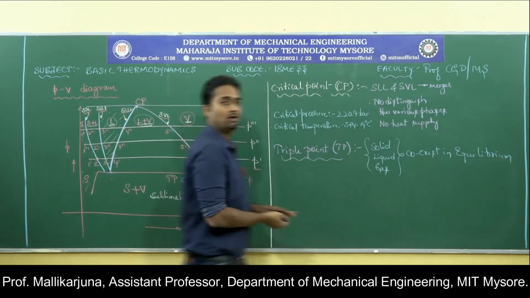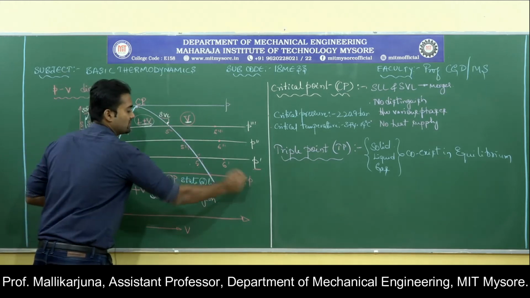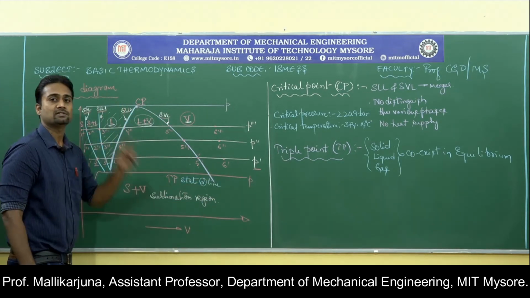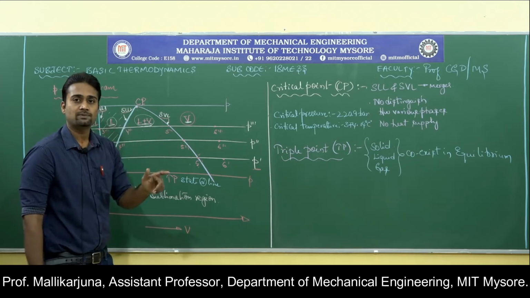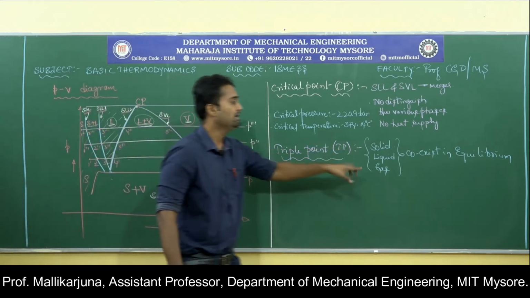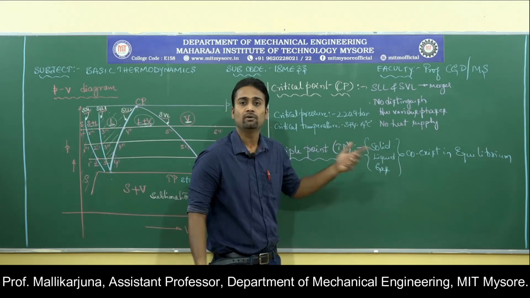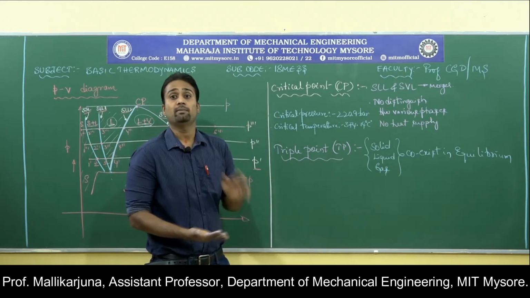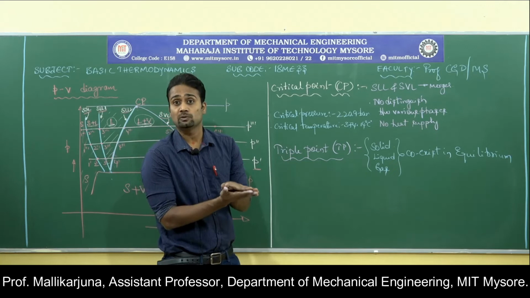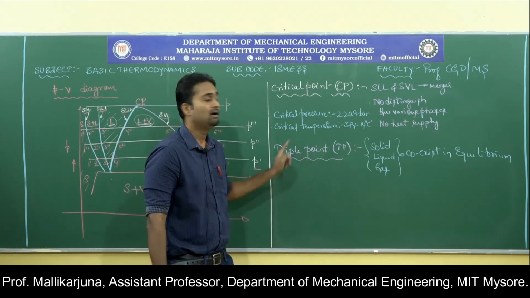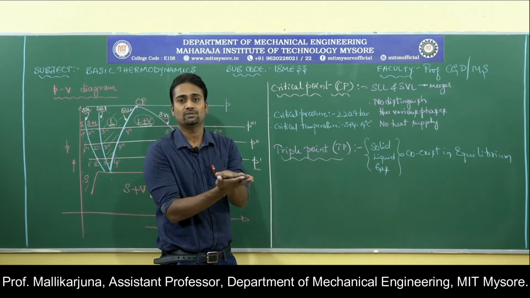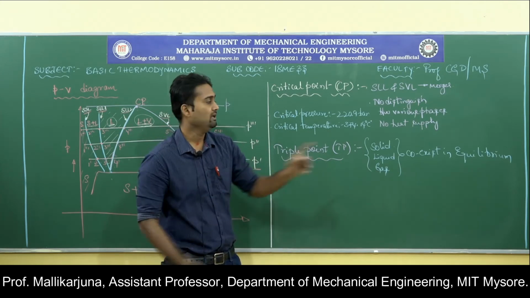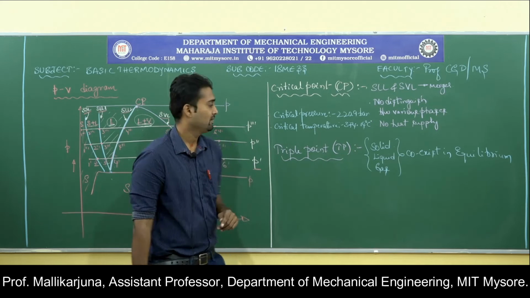In the sense, on this line, on this state, all the three phases of a substance coexist. The substance may exist in the form of solid, may exist in the form of liquid, or may exist in the form of gas. It may exist in all the three phases also. That is the meaning of triple point: the point at which all the three phases are merged or coexist in equilibrium.